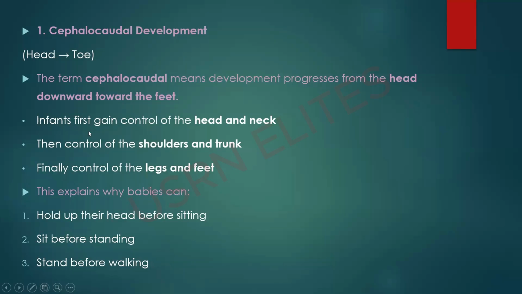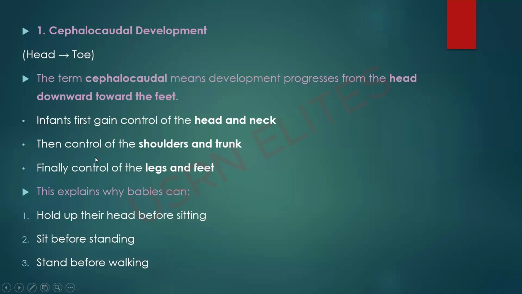Infants first gain control over their head and neck. When you have a newborn, as you trace the way they develop or grow, you first see control over their head and neck.